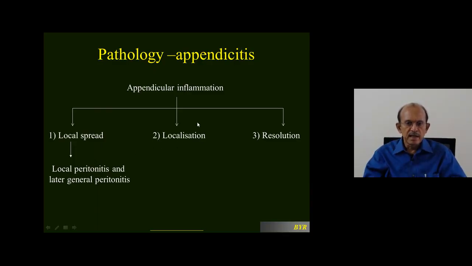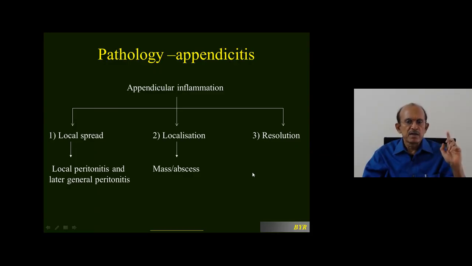The second thing that can happen is localization. Localization means that when the host defense is good or the appendicular inflammatory process is poor, the surrounding structures will come and adhere there and form a mass. In some cases, there will be formation of an abscess. The third thing that can happen is resolution.